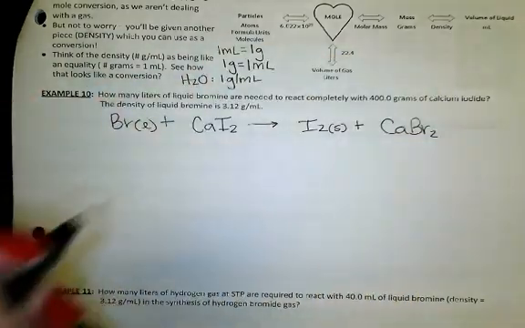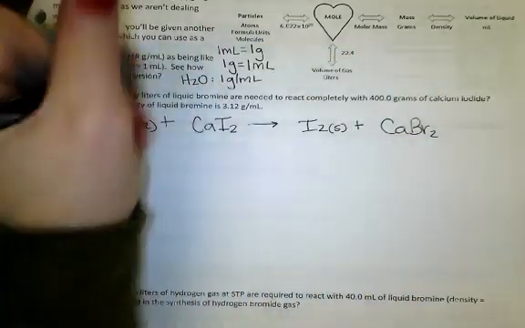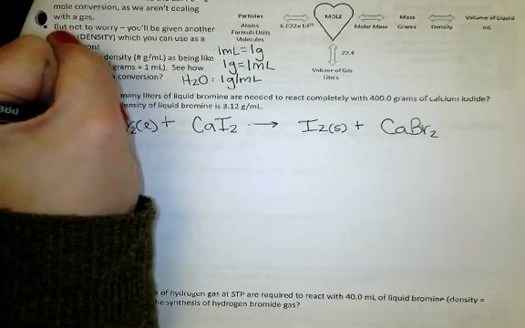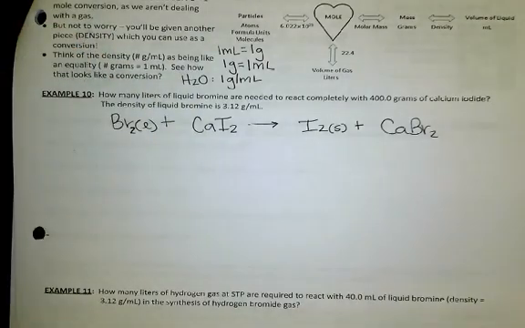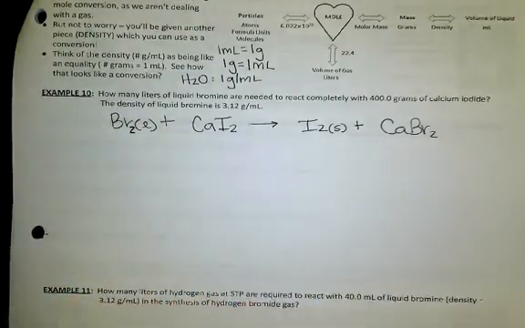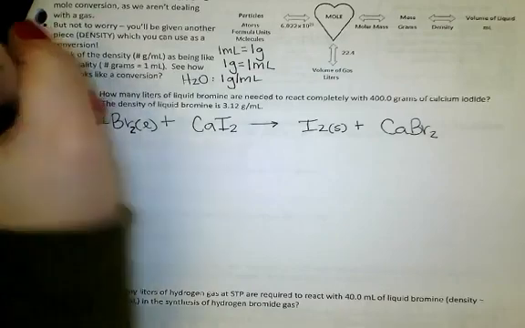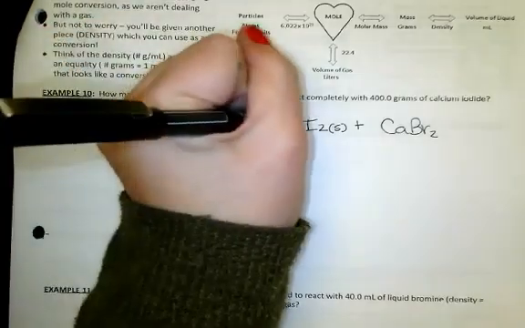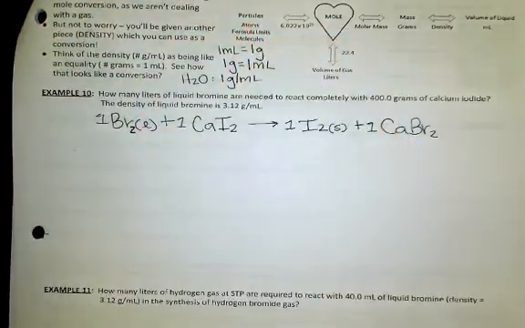Now, oops, sorry, forgot, bromine's also diatomic. Okay? So, when we write these, if we try to balance, we actually see that we are going to have ones all in front, because we got 2 bromines on both sides, 2 iodines on both sides, 2 calciums on both sides. Okay? So now we're going to do our conversion.